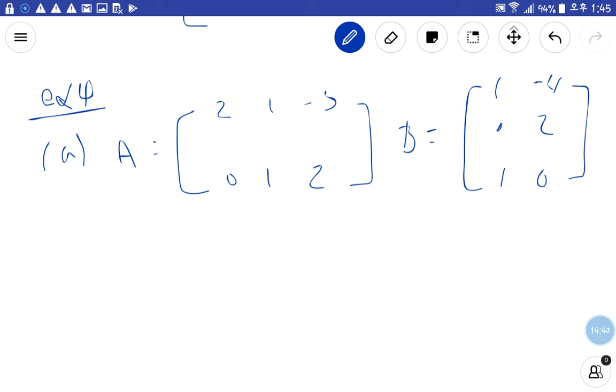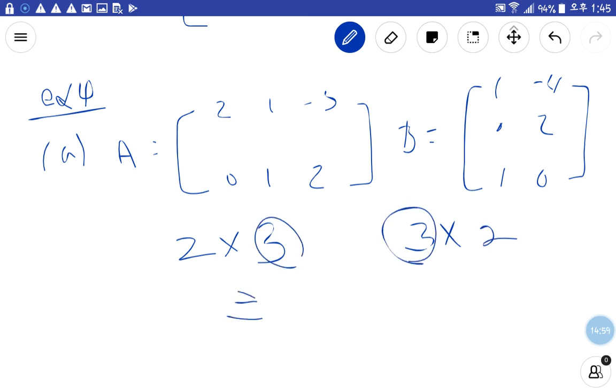My first one, A, how many rows do we have? 2. How many columns? 3. B, how many rows? 3. How many columns? Two of them. Okay, so 3 and 3, they are the same. So my answer should come out as my first and last number, 2 by 2.